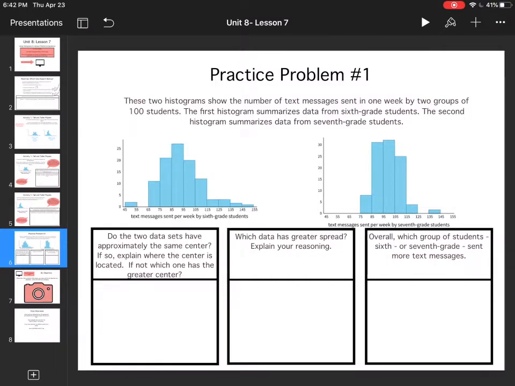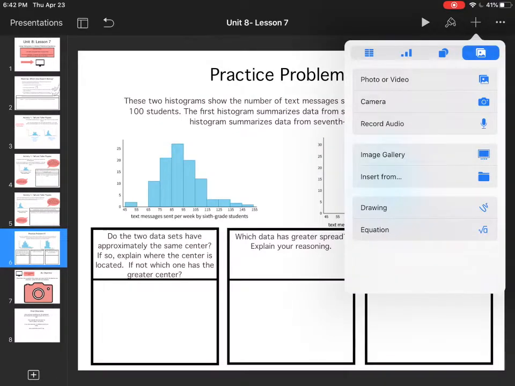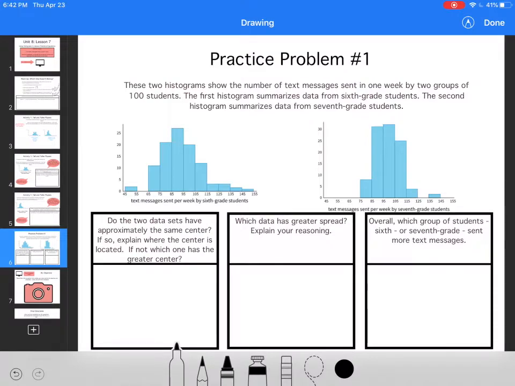So do these two data sets have approximately the same center? If I'm looking at my centers, I would say the center of this one is somewhere right in here, so that would be about 30. And then if I look at the other, I would say it's somewhere over here. Oh wait, I read that wrong. It's about 95.